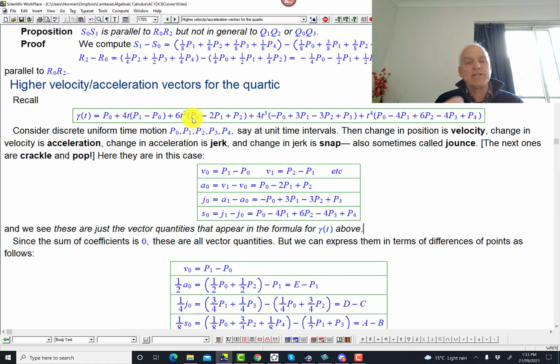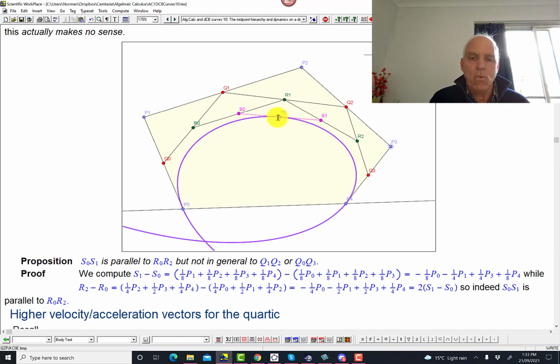We'd like to understand these vectors geometrically in our diagram, if we went up to here, where are these vectors appearing? Well, the zeroth, or the vector velocity, is easy. That's just the vector from P0 to P1. So that's that vector there. Okay, fine. But what about the other vectors?